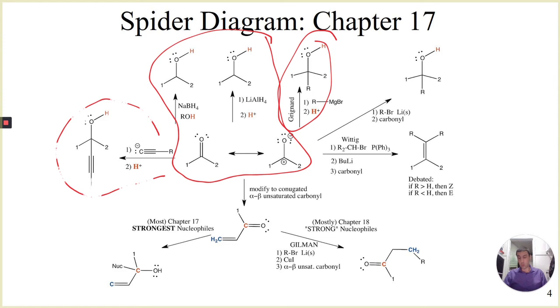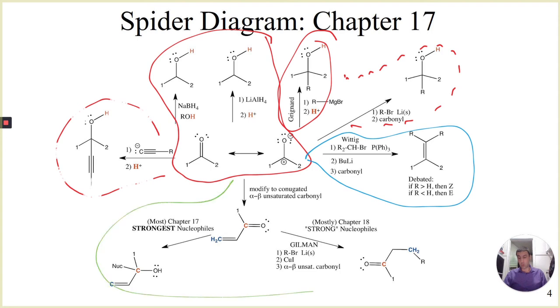Then we will look at our alkyl lithiums, which we group in with our Grignard. Then we'll see our Wittig reaction. And then we'll end with the kind of unfortunate one, our Gilman reactions, because the Gilman branch out between those. So that's our weird diagram of everything that is chapter 17.